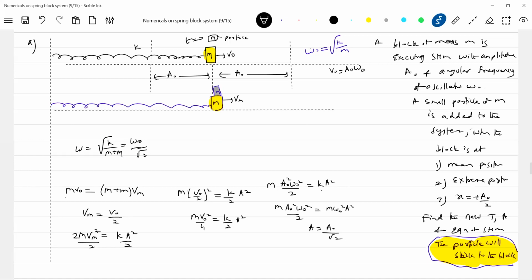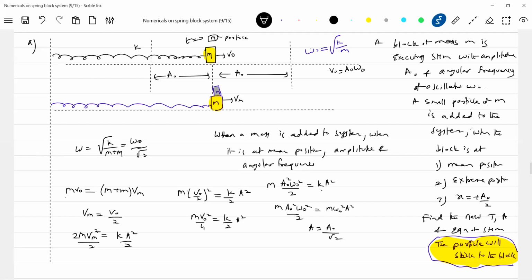So what is the conclusion? When a mass is added to a system when it is at the mean position, both the amplitude and the angular frequency decrease.